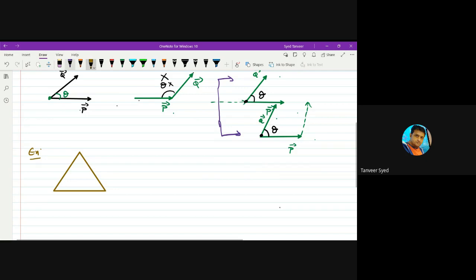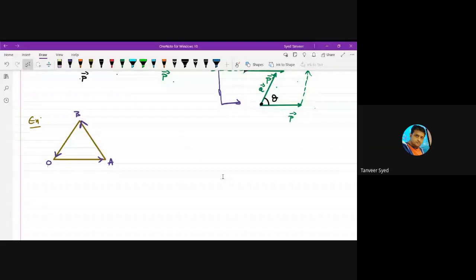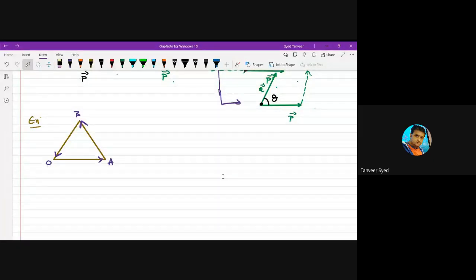AB is another vector. Sir, are you writing anything? We can't see, sir. Yes, OAB is a triangle formed by three vectors, and this is an equilateral triangle.